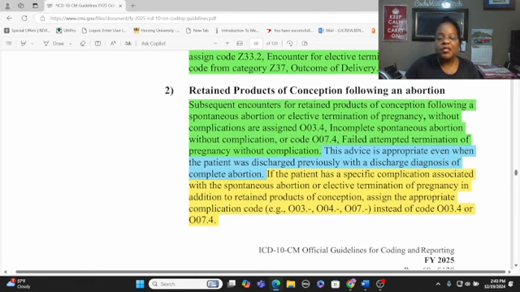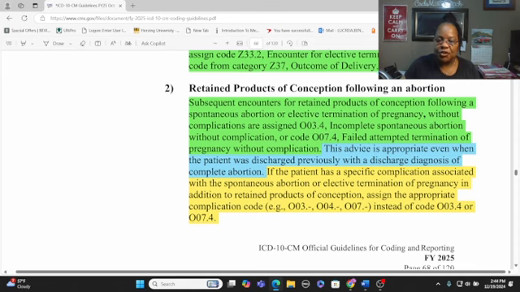And if the patient has a specific complication associated with the spontaneous abortion or elective termination of pregnancy, in addition to retained products of conception, assign the appropriate complication code, whether it's O03, O04, O07, all of those, instead of O03.4 or O07.4, because remember, these are incomplete spontaneous abortion without complication.